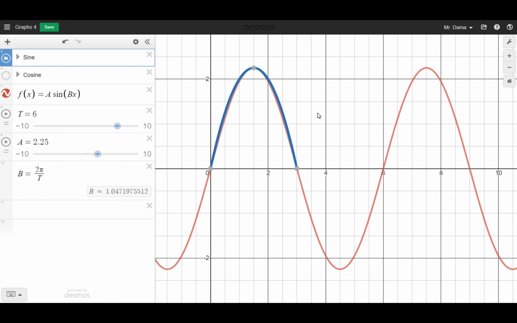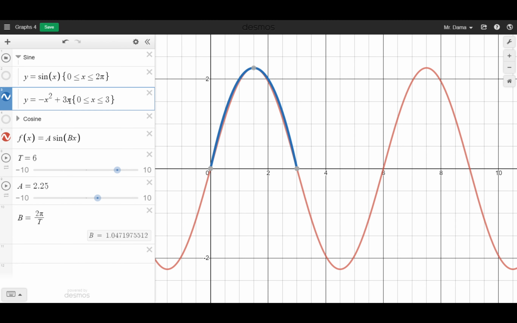Okay? And so if I wanted to model a cosine curve over something, I'll do a cosine curve. So I'll just change my equation here. Don't worry about what it is. Okay, suppose my cosine curve is this.